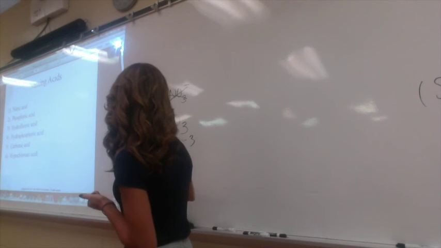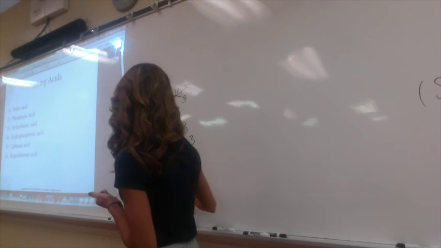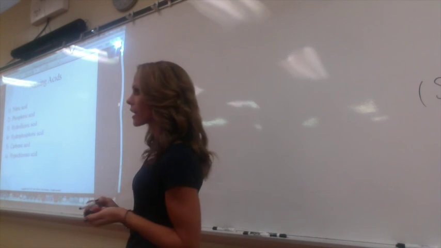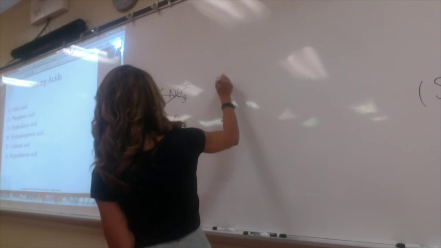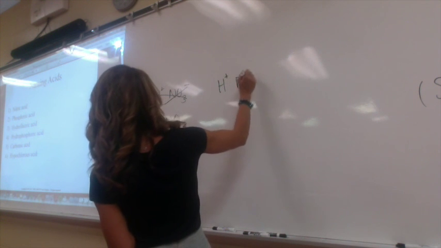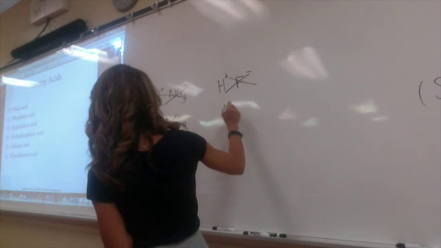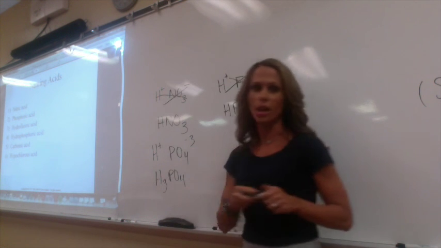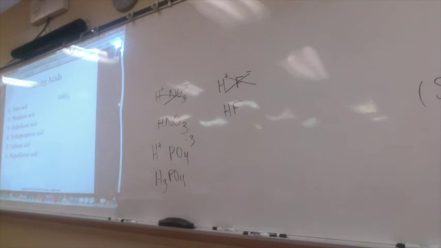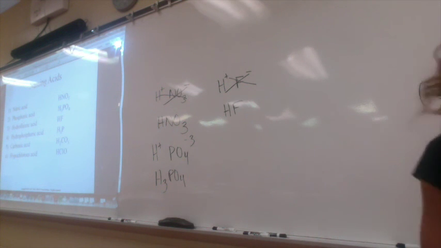So that's H3PO4. Hydrofluoric, hydro and an ic, came from an ide, so that came from fluoride, which is F-, so it's HF. Hydrophosphoric, H3P, carbonic acid is H2CO3, and hypochlorous acid is HClO. Okay?